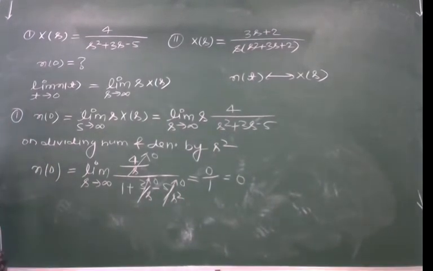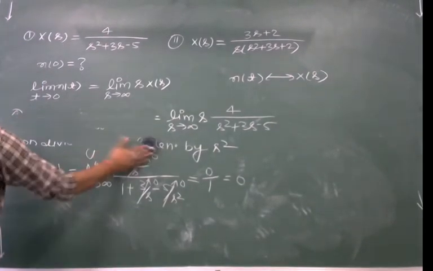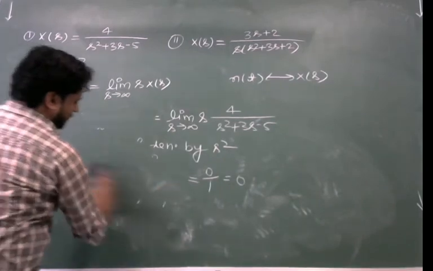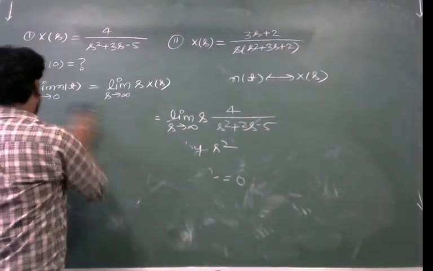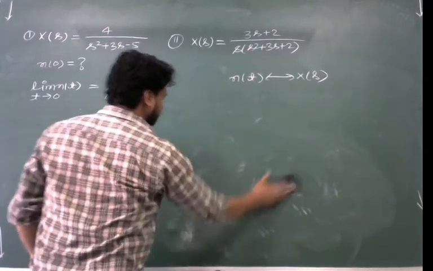We can find it by using the initial value theorem. Also, by using the same concept, we can find the initial value of the function whose Laplace transform is given in the second case.